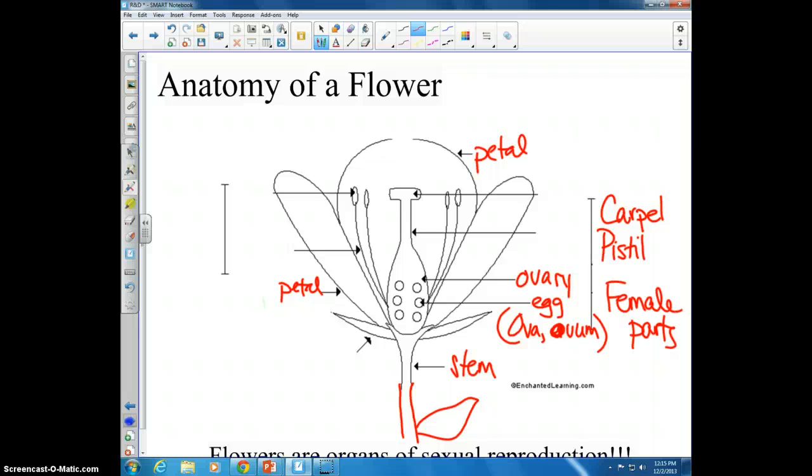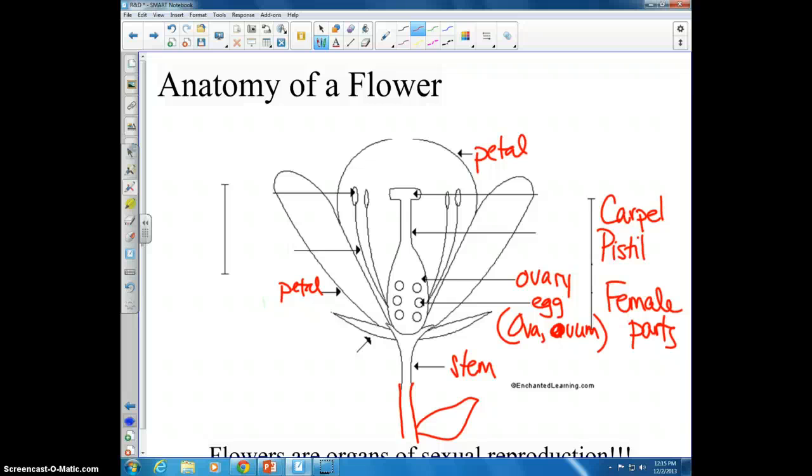So this ovary actually grows into a protective layer that might have some kind of hard outer skin and then a fleshy or a meaty part just inside that with seeds in the center, like, oh, I don't know, an apple or an orange or a cucumber. Love my ovaries. So, moving on.